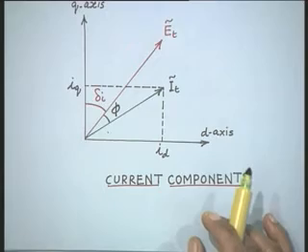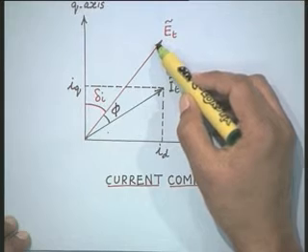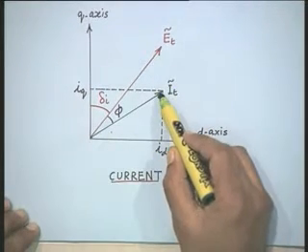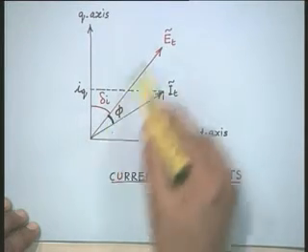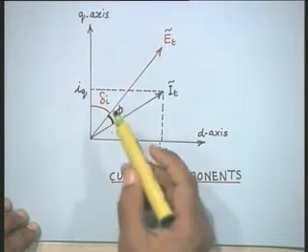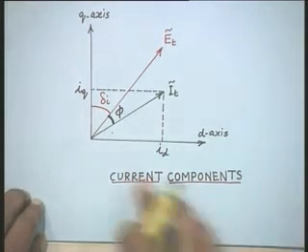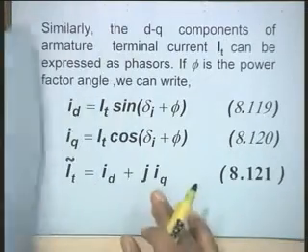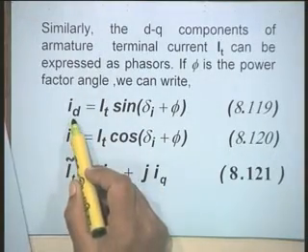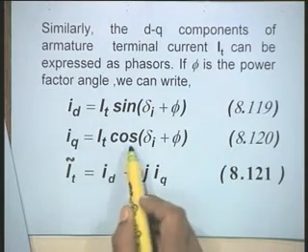Similarly, you can draw a phasor diagram showing the currents. Let us say this is my terminal voltage phasor, and this is the current phasor, and let us say that the phase difference between the voltage and current is phi. Then the d and q axis components of current can be expressed as ID equal to IT sin delta I plus phi, IQ is equal to IT cos delta I plus phi.